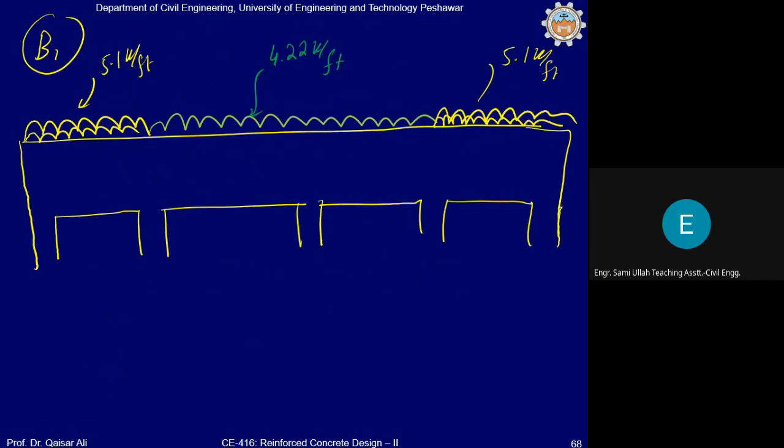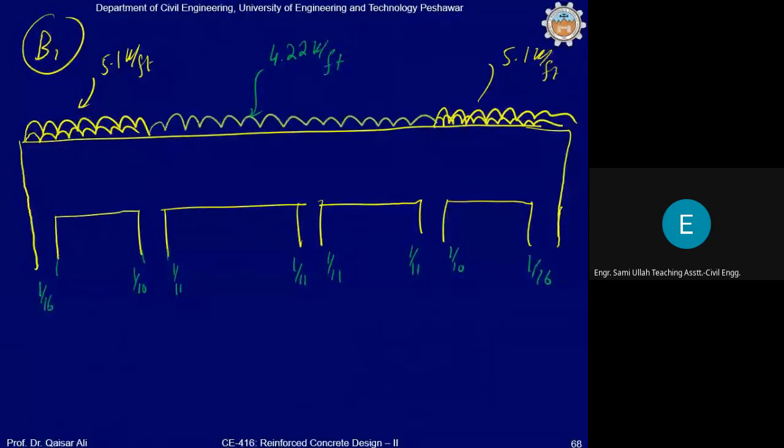Now you can analyze the same beam using a coefficient method. The coefficient values, you know that for exterior column support it is 1 over 16 negative moment. Negative moment at this face is 1 over 10, 1 over 11, 1 over 11, 1 over 11, 1 over 10, and 1 over 16.